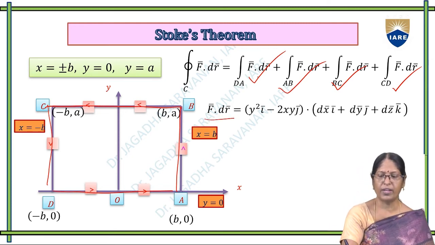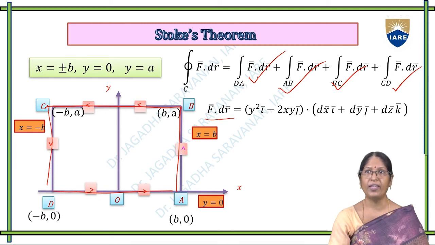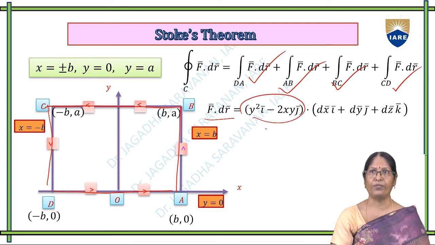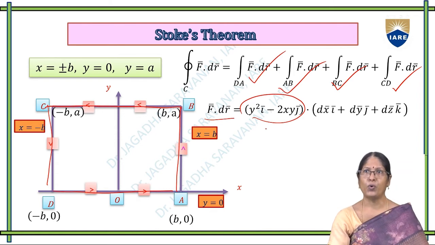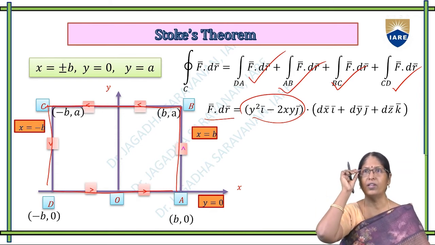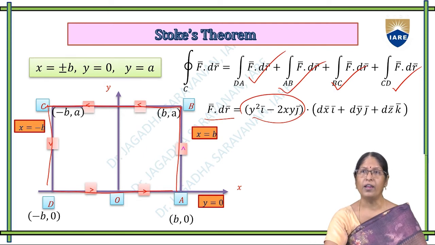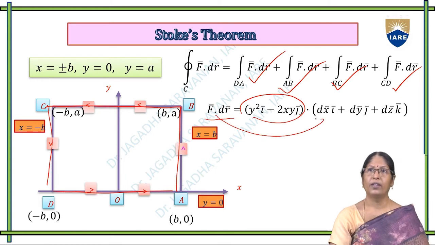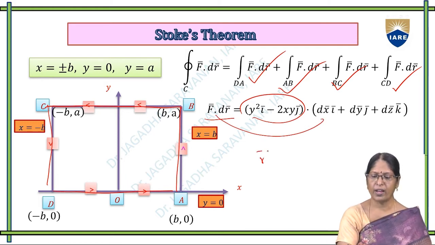In this integral, f dot dr is required. F is our vector point function, that is, our problem's vector function is y square i minus 2xy j, dotted with the r vector, which is xi plus yj plus zk.